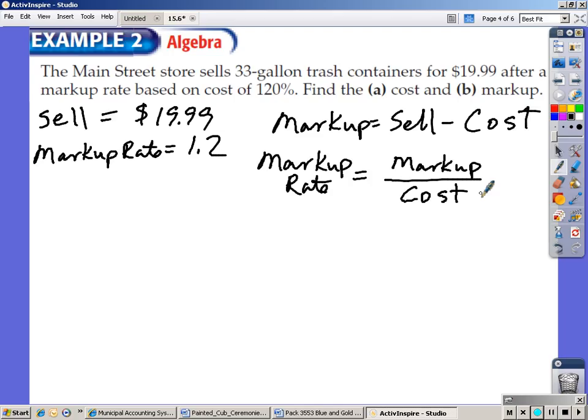Now, if we look at what we know, the selling price and the markup rate, that leaves markup in both formulas, and it leaves cost in both formulas, that we don't know.